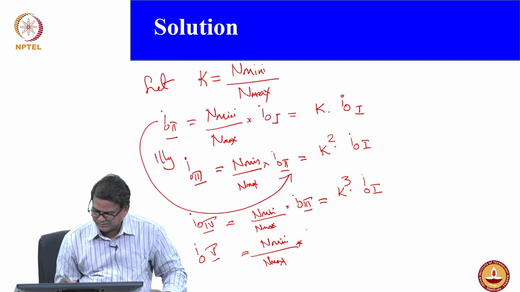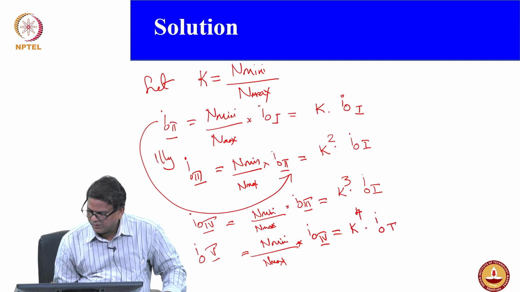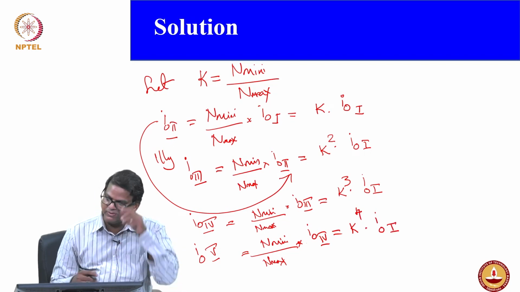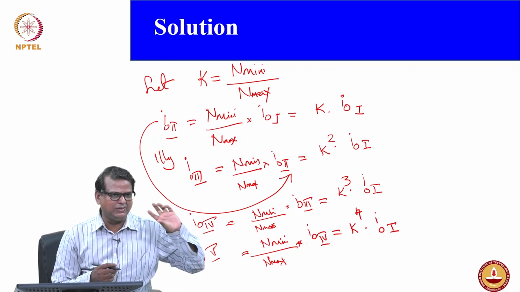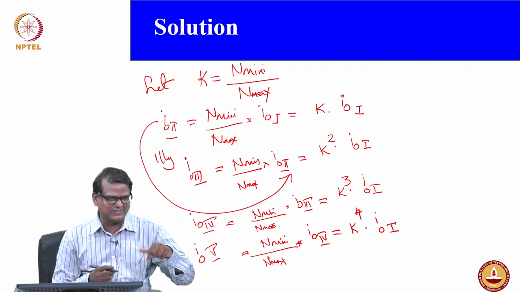How about the fifth speed? This should be IO fifth speed, K4, right, K4 IO1. So, this is similar to what happened in this equation, same as what we got, only difference is here it is reverse, n minimum by n max, that is what you are getting.